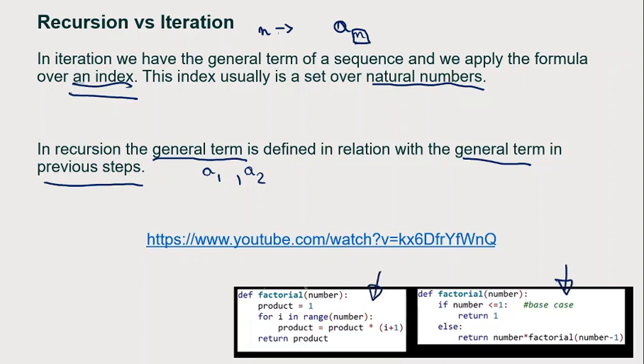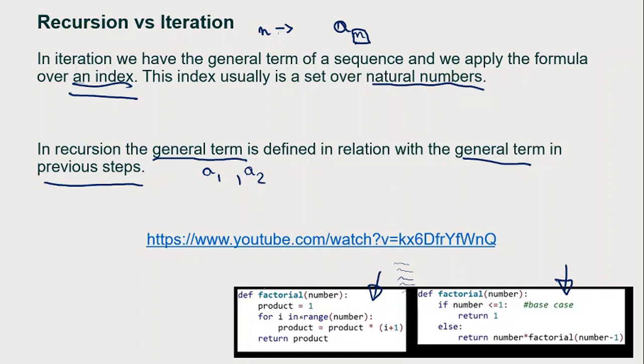So you can start noticing the differences in terms of how the numbers are achieved. That person actually goes over and writes step by step how the computer is evaluating the factorial in both ways. So it's well worth watching.